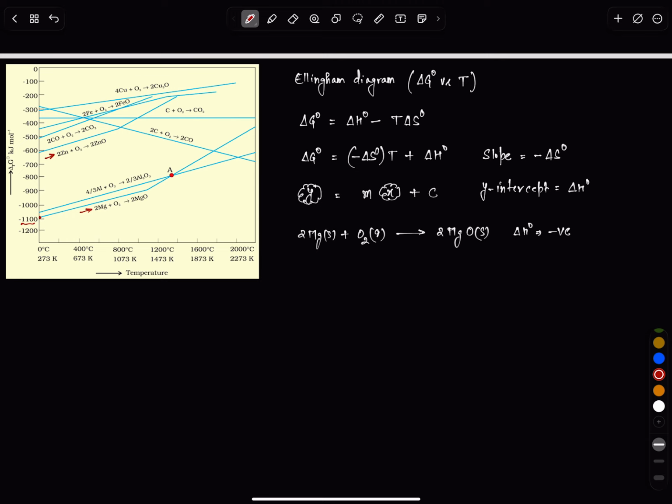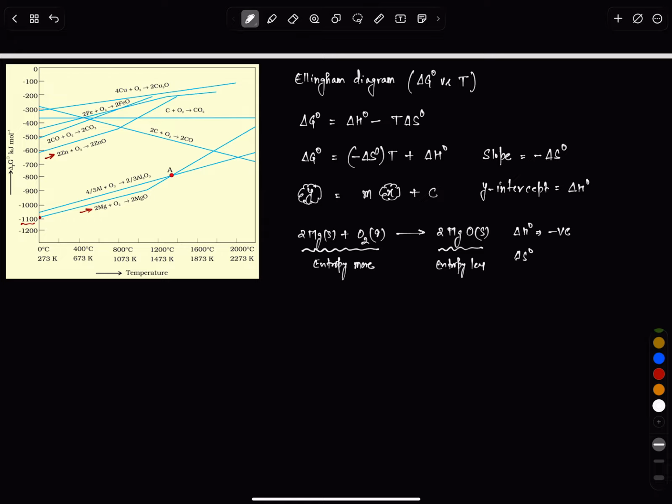Okay. Now what about delta S naught? If you see reactant side, we have 1 mole of gas, and product side, only solid is present. So definitely entropy here will be more, and the product side entropy will be less, right?